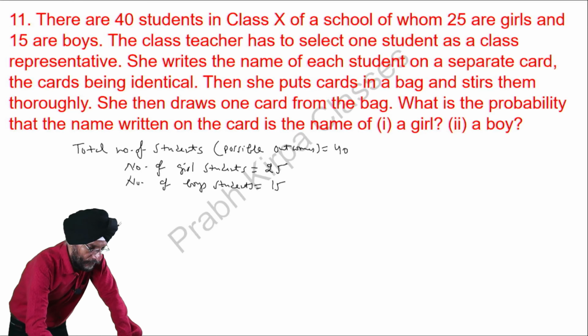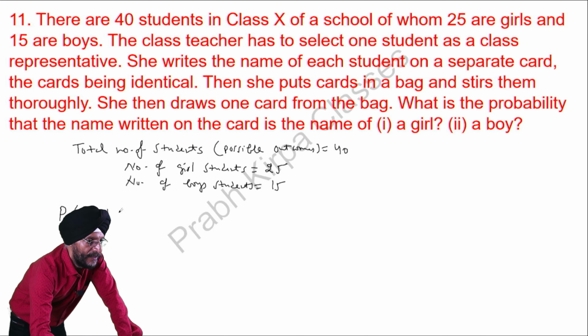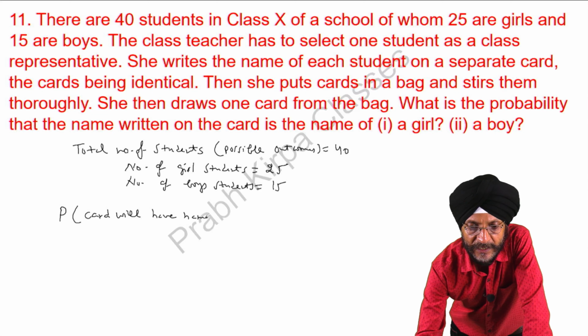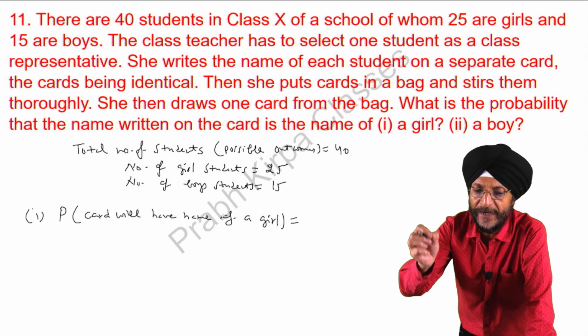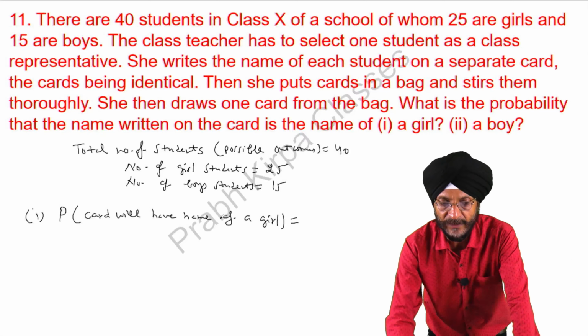Now we will find out the probability that the card will have the name of a girl. First we have to find out that the card which will be picked out from the 40 cards will have the name of a girl.